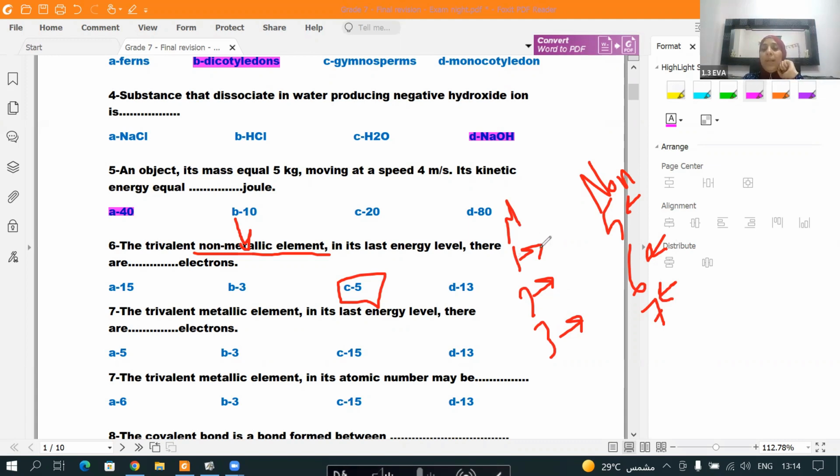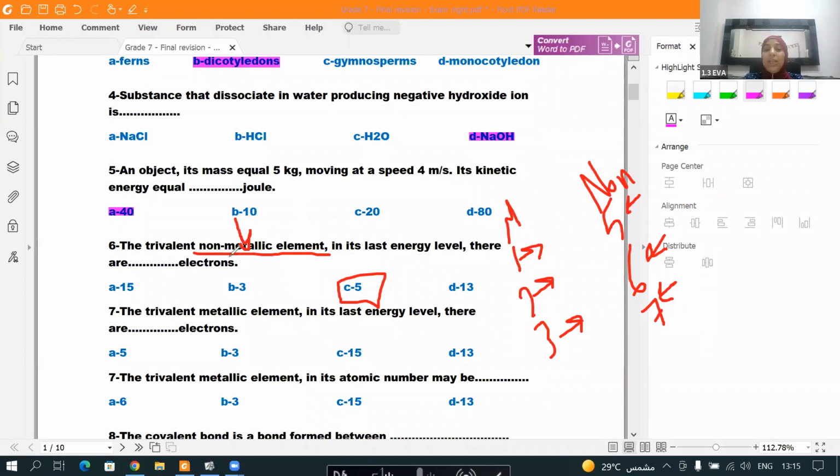So for a monovalent metallic element, they have 1 in the outer energy level, but for non-metallic, they have 7. They are opposite to each other. For the divalent metallic, they have 2 in the outer energy level, but for non-metallic, they have 6. For the trivalent metallic element, they have 3 in the outer energy level, but for the non-metallic element, they have 5.